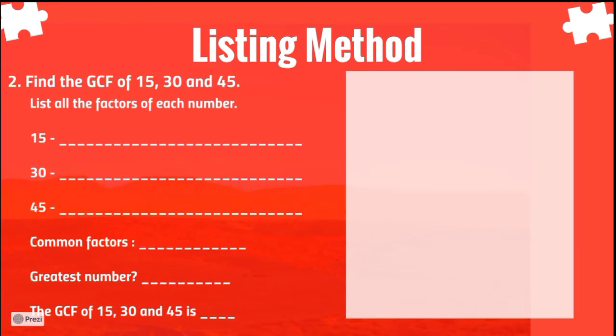Example number 2. Find the GCF of 15, 30, and 45. Let's enlist all the factors of 15. Factors of 15, 1 times 15, 3 times 5. What about 30?